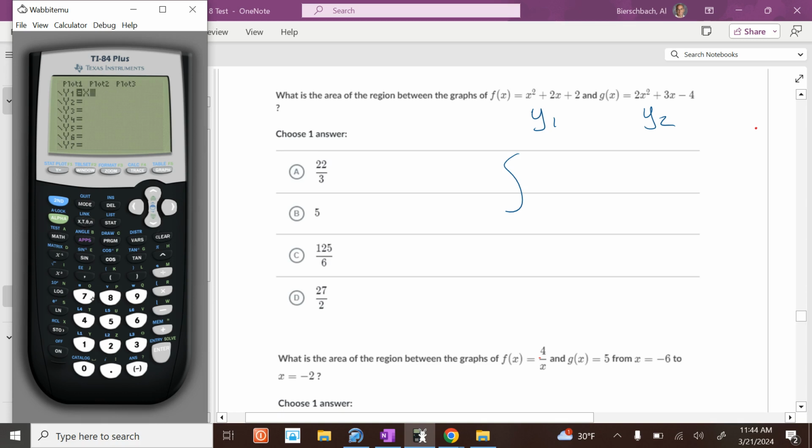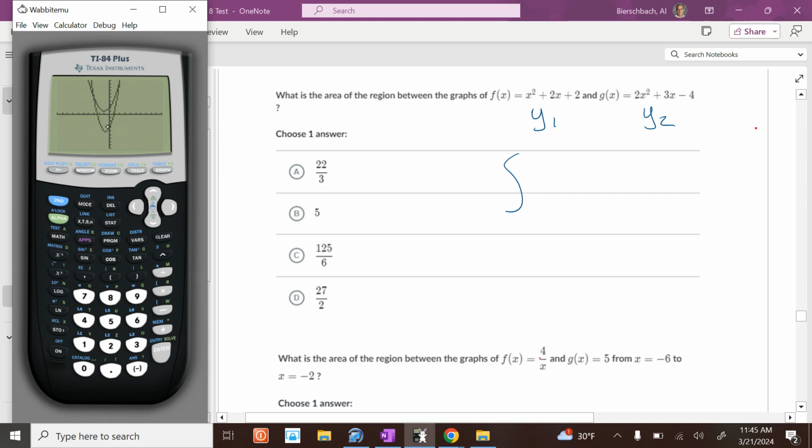So x squared plus 2x plus 2, and then 2x squared plus 3x minus 4. We graph them. Zoom 6. Get them back to there.